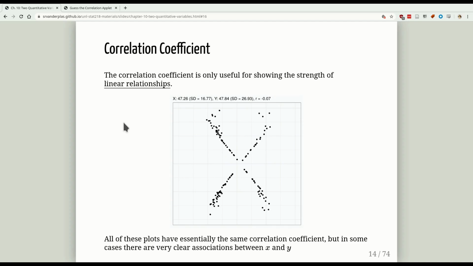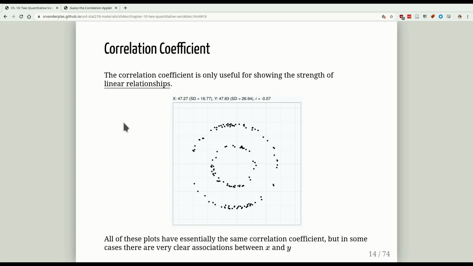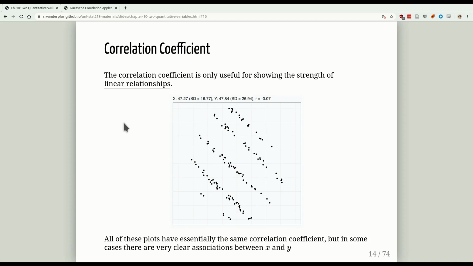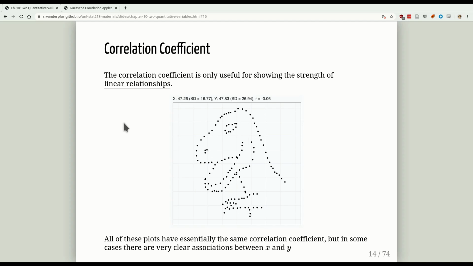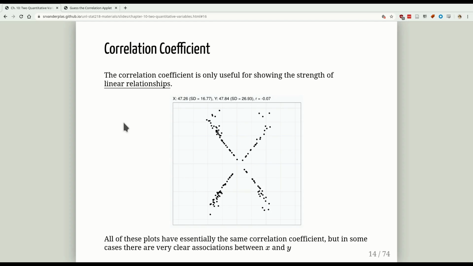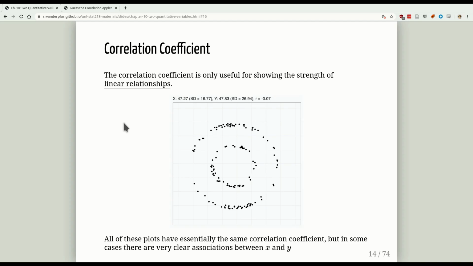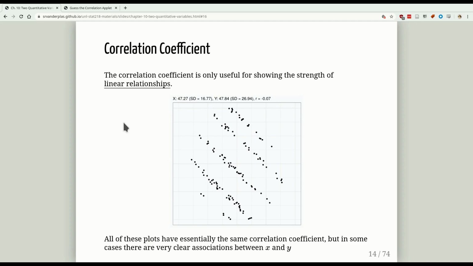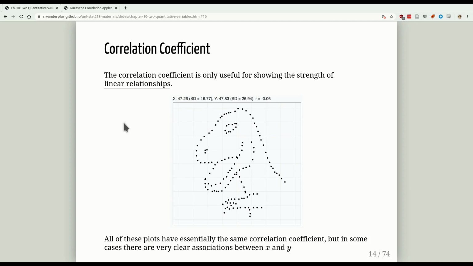So all of these plots have the same mean, the same standard deviation for both x and y, and more or less the same correlation value of -0.6, 0.7, something like that. And you can see that some of them have a very clear association, right? If you've got a circle or a donut, there's a clear relationship between x and y.